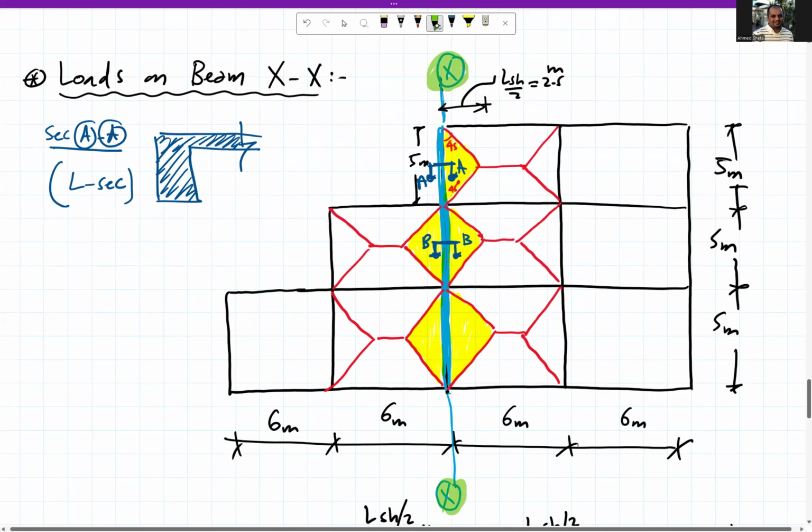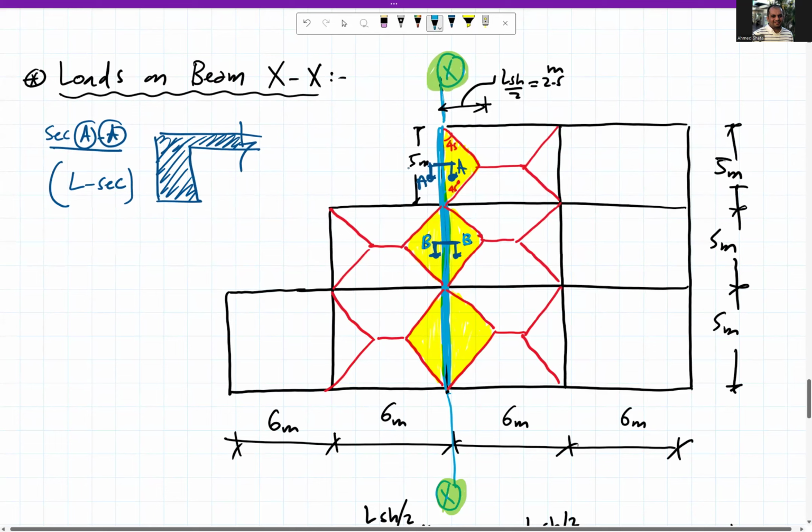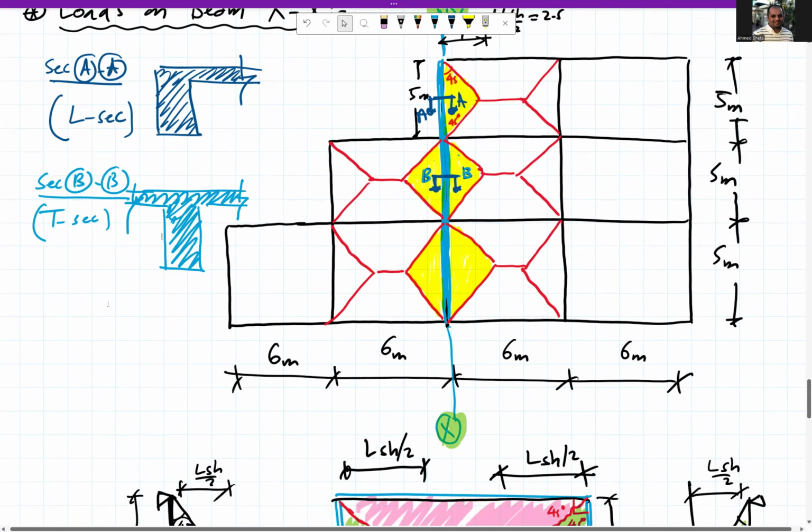But at section BB here, you have slab from left, slab from right. So at section BB, we have T section. The T section will be something like that. So the beam section, when connected or monolithically poured with the slab, can have L section or T section.